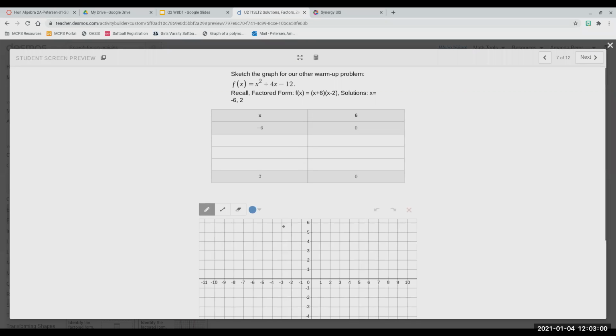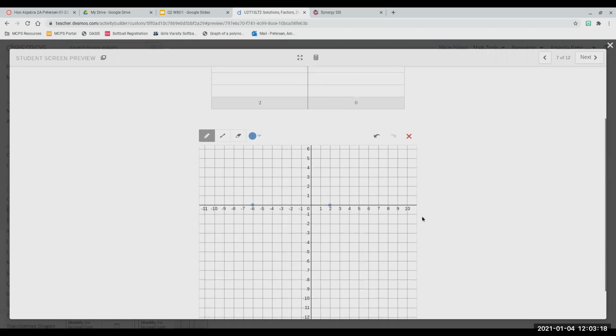So we know I'm going to have an ordered pair at -6, 0 and a point at 2, 0, because my solutions give me my x-intercepts at -6, 0 and 2, 0. Now, because my a value is positive, I know my graph is going to open up.